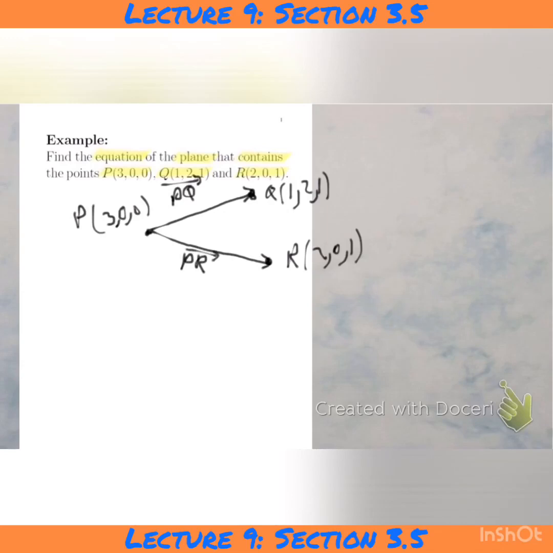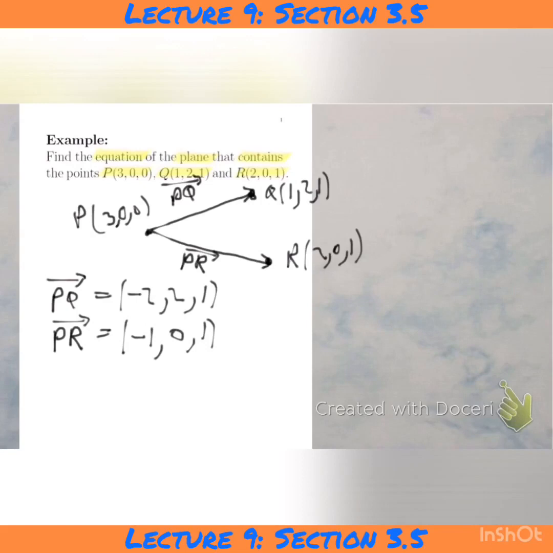The vector PQ we know is the vector 1 minus 3, which is minus 2, 2 minus 0, which is 2, and 1 minus 0, which is 1. And the vector PR is the vector minus 1, 0, and 1.